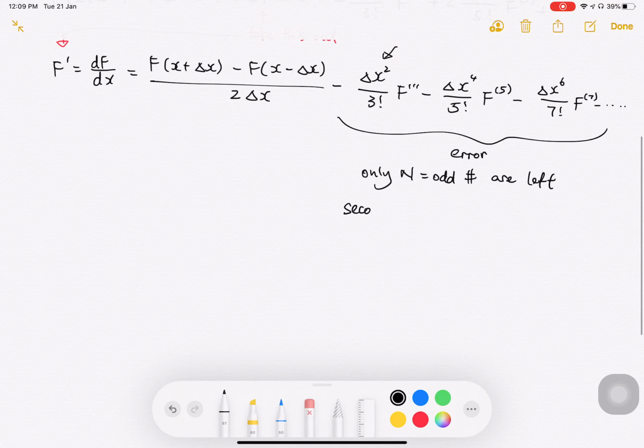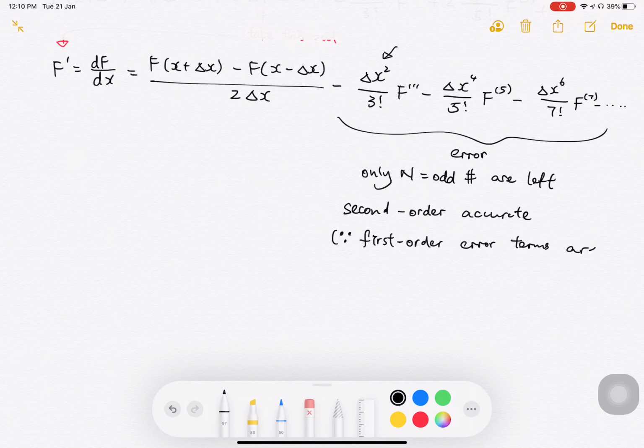This is what we call second order accuracy, because the first order error terms are cancelled. The largest term in here is with delta x squared.